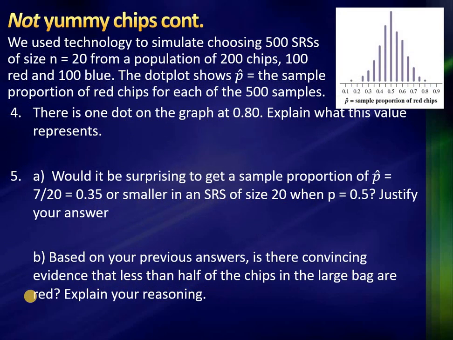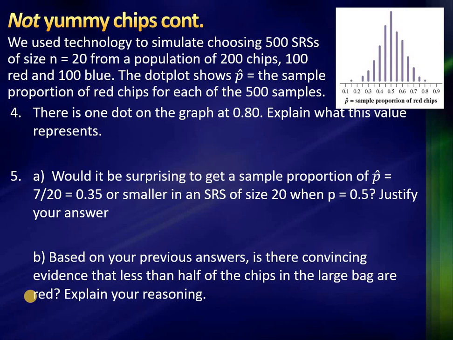Okay? So what we have here is a graph of 500. Sorry, this was 500, not 100. This is 500 samples of size 20. Now, if I have 200 chips, there are more than 500 possible combinations of 20 chips from there.